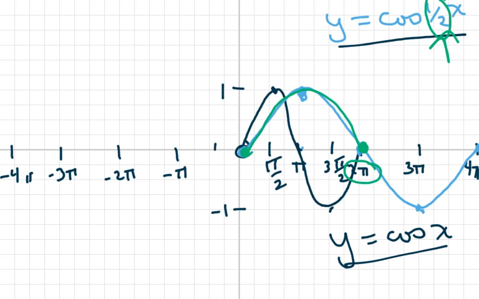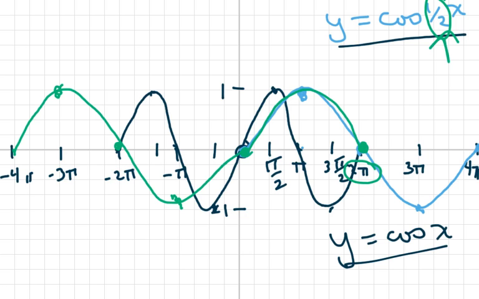I'm going to halve this and draw the cosine: down, down, up, down. All right. Dot, dot, dot, dot, dot. And then I'm going to draw the cosine on the negative side. So that would be dot, go back up to 1, and back down. And the same thing applies to this side. It only completed half of the way between 0 and -2 pi.